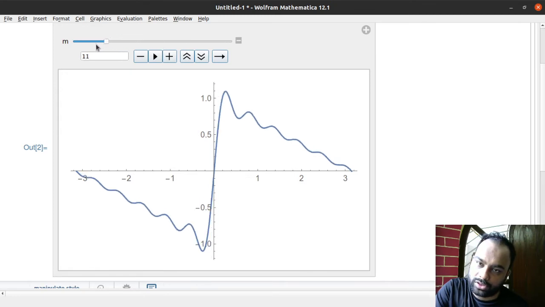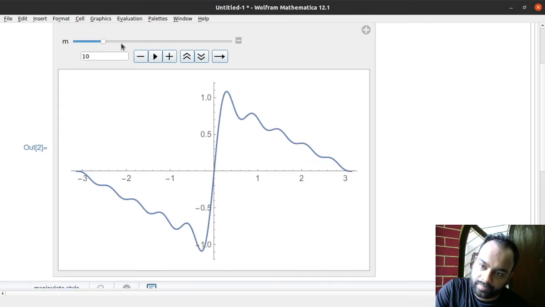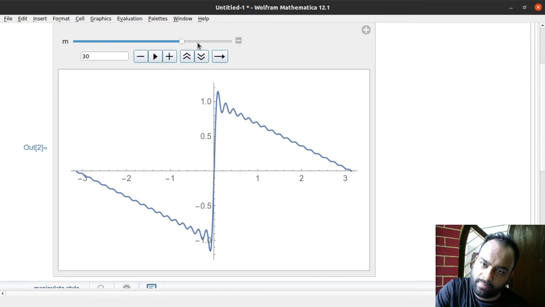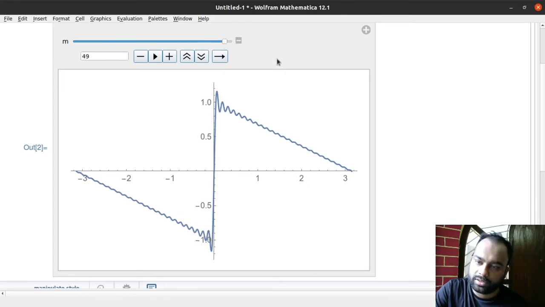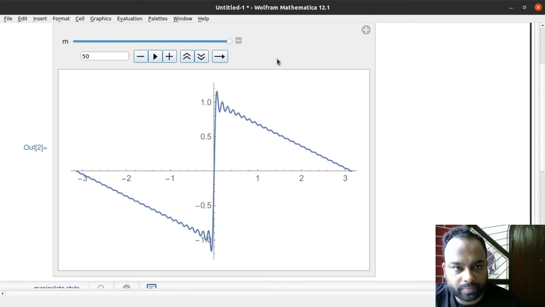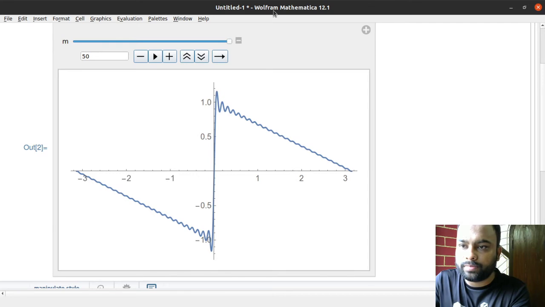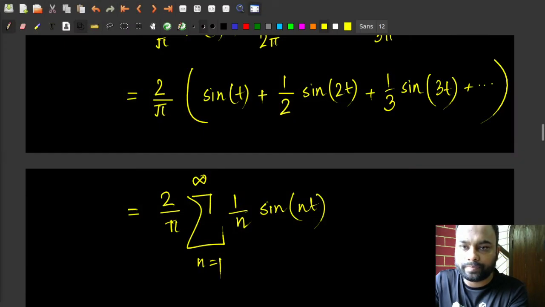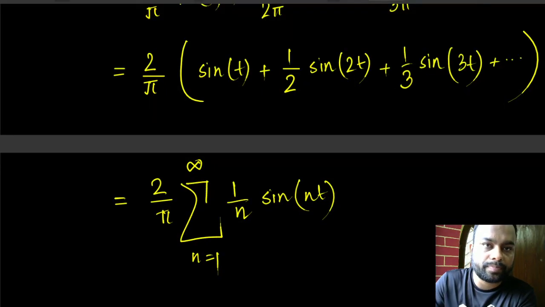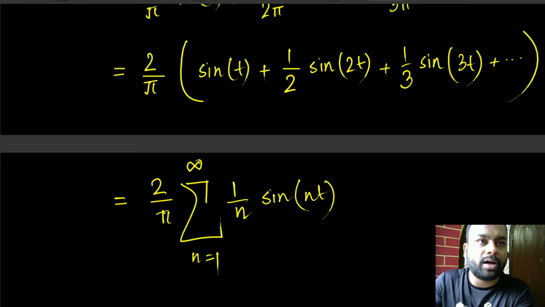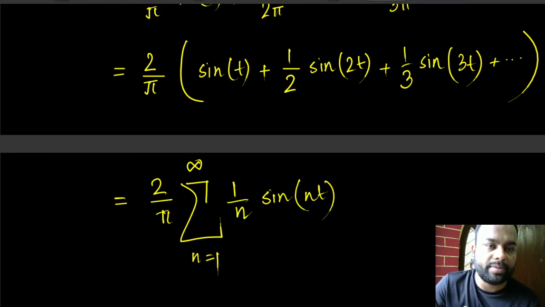You're adding more and more components, and like that. So let's pull this back here. I believe we were able to understand this.